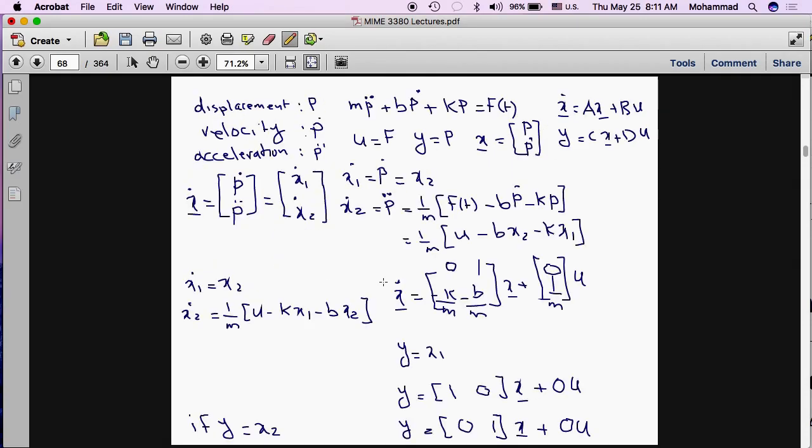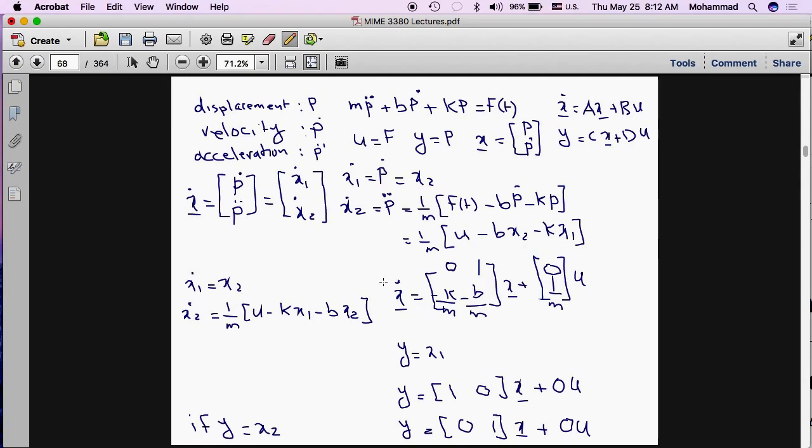The next example problem that we solved was this, based on this second order differential equation. We know by now very quickly that this is a model of a mass damper spring system where a force is the input, a force is applied. So to distinguish our motion variables from state variables, I call displacement p and velocity p dot to separate them and keep away the potential ambiguity.